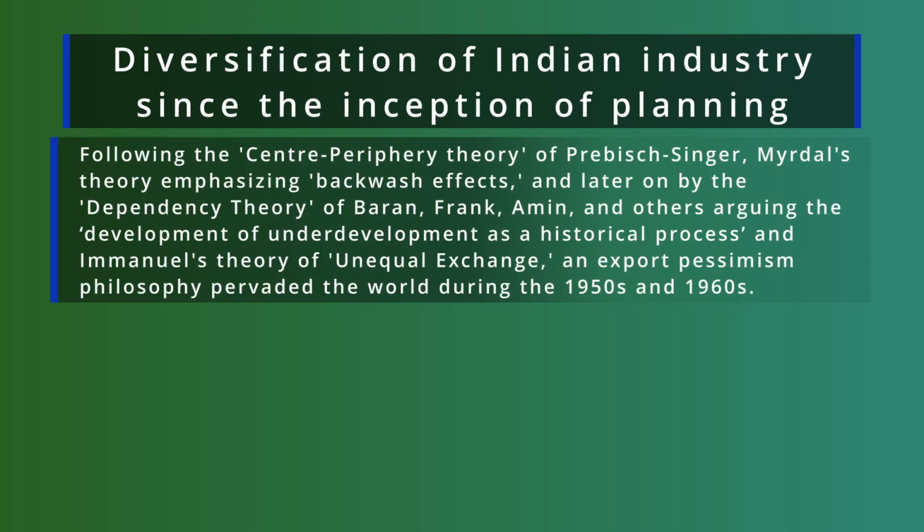There was the center-periphery theory of Prebisch-Singer, followed by the backwash effects of Myrdal, then Baran and Frank. All of them tried to focus on the fact that if less developed nations go for free trade with the developed nations of the world, then all the gains go to the developed nations and less developed nations will suffer loss.